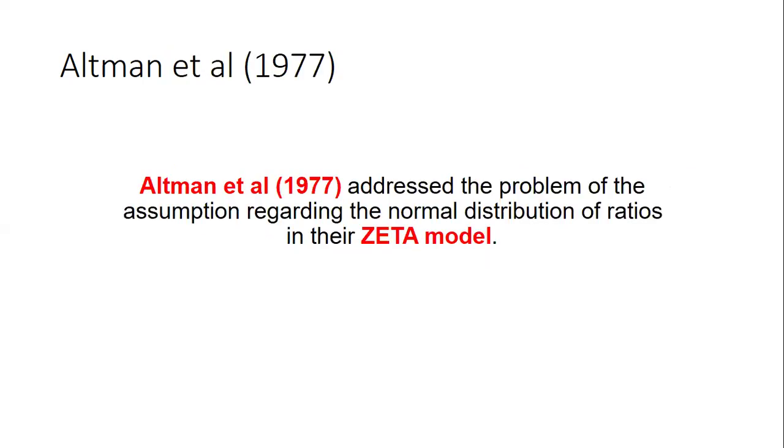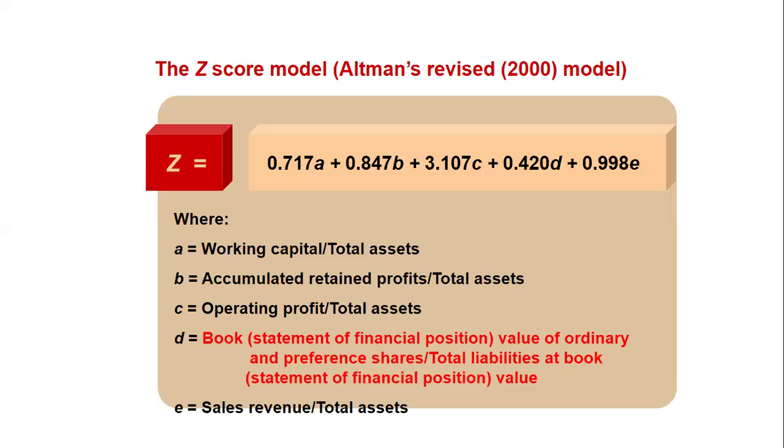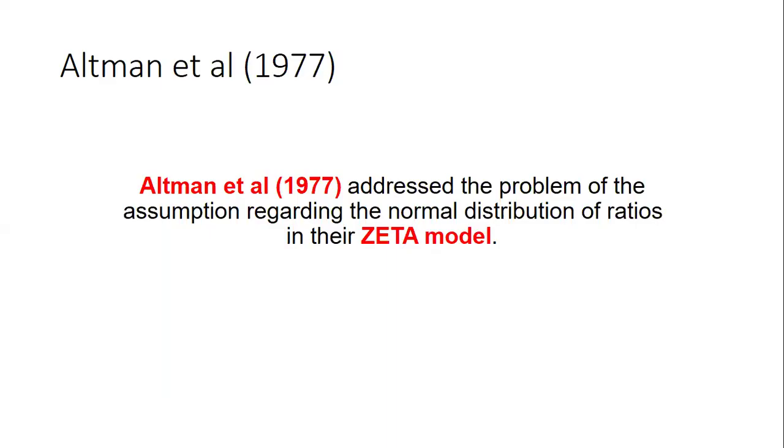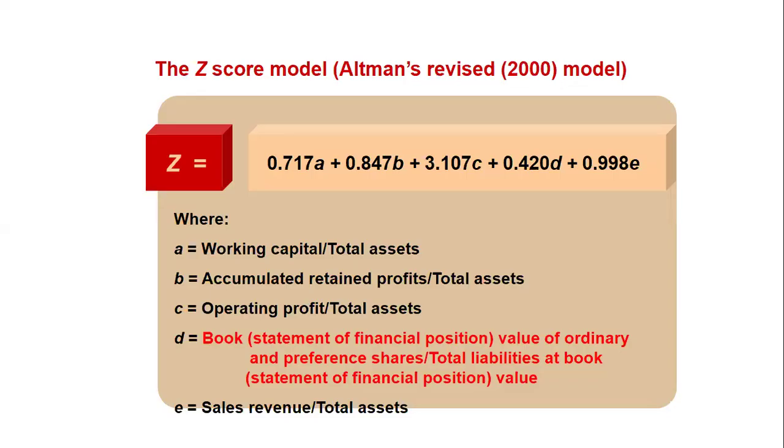But in 2000, they found issues with their initial 1977 model and proposed this new model. The main change in this model is the D, the X4.